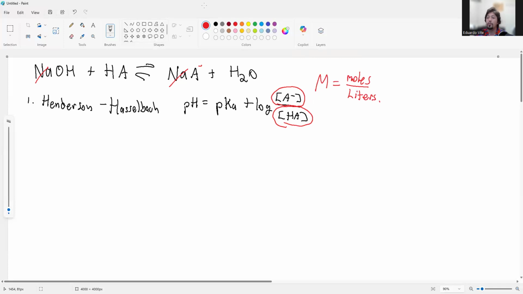So we have to figure out the moles and we have to figure out the liters. Here's the thing. The moles are changing because we are adding NaOH, and every time you add NaOH to the HA, you're creating the sodium anion. In this case, I'm using acetic acid as an example, sodium acetate, and H2O.